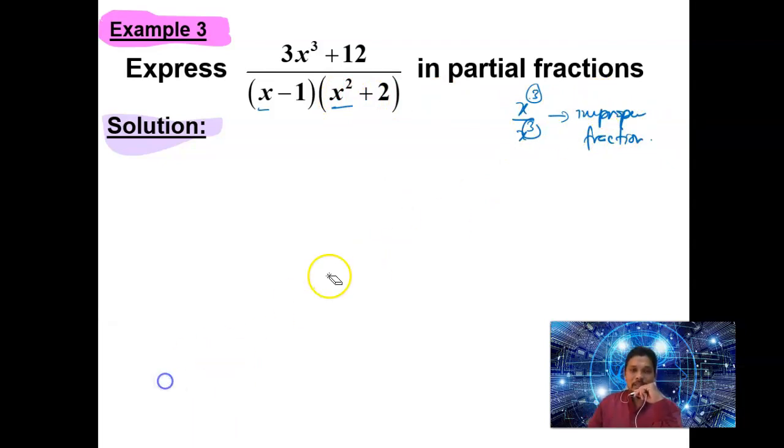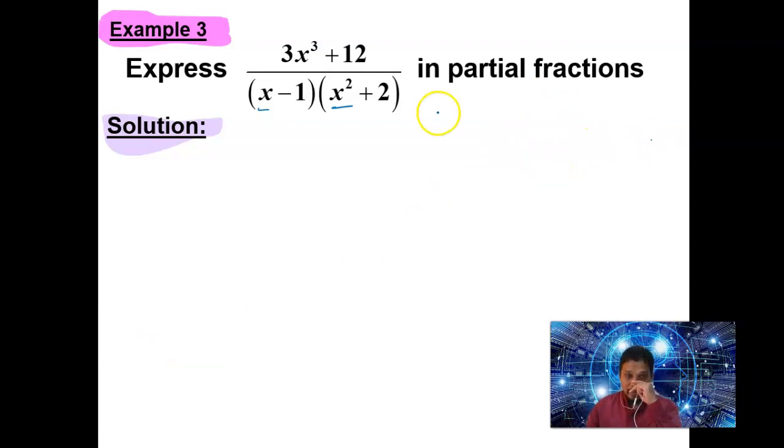First thing we're going to do here is to come up with a long division. Long division, okay, from 3x cubed plus 12 divided by x minus 1 and x squared plus 2: x times x squared, x cubed, x times 2 plus 2x, minus x squared minus 2.